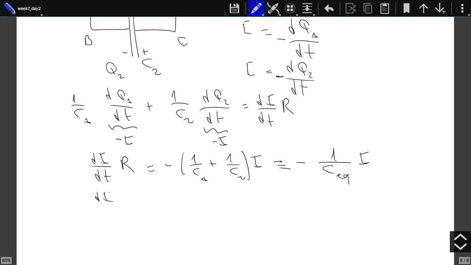Or dI by dt is equal to minus 1 over R times C equivalent times I.